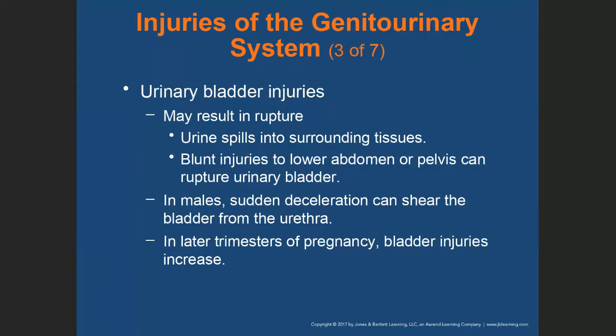Urinary bladder injuries may result in rupture, with urine spilling into the surrounding tissues. Blunt injuries to the lower abdomen or pelvis can rupture the urinary bladder. In males, sudden deceleration can shear the bladder from the urethra. In the late trimesters of pregnancy, bladder injuries increase.